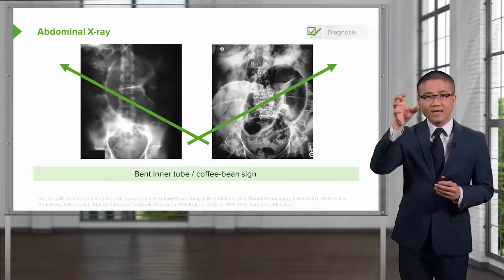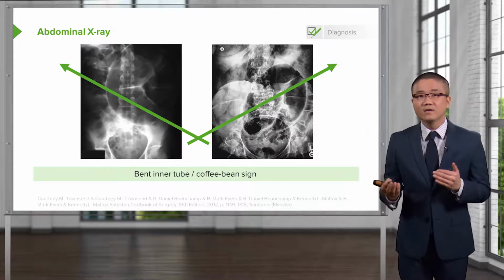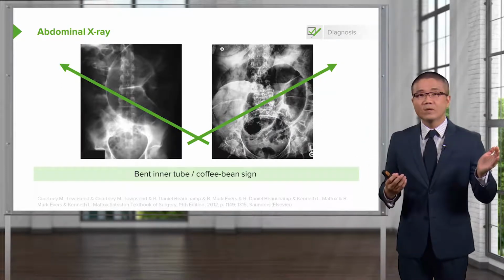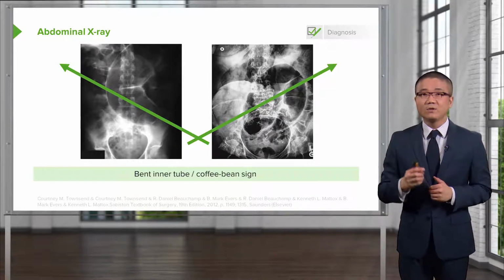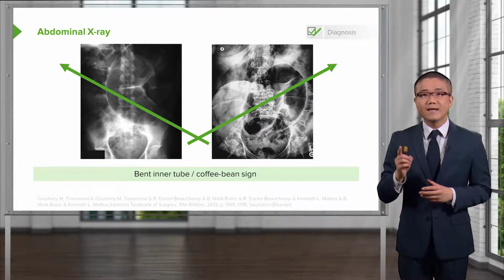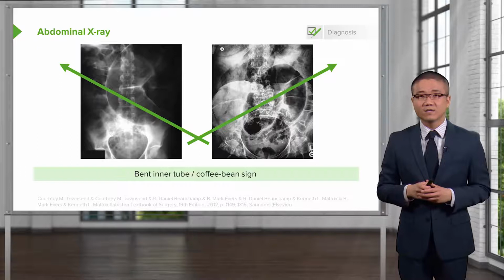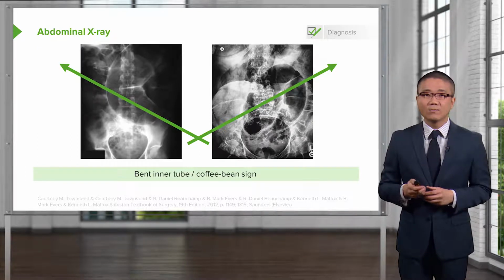The apex of that U is the direction of the arrows. If the apex points to the right upper quadrant, it's suggestive of a sigmoid volvulus, as opposed to an inner tube that has the apex pointing over to the left upper quadrant of the abdomen, suggestive of potentially a cecal volvulus.